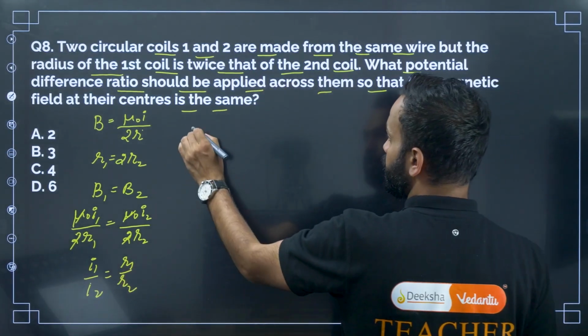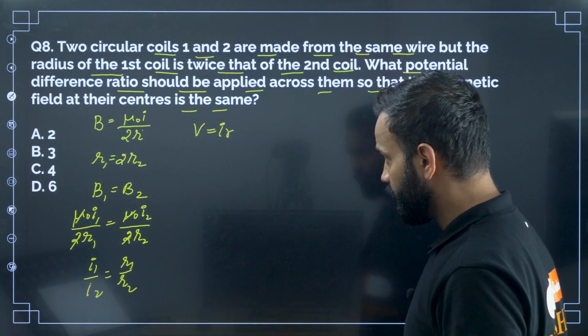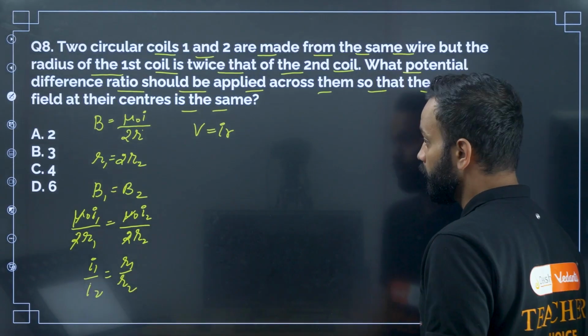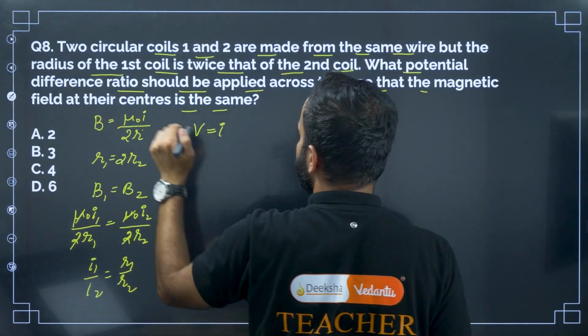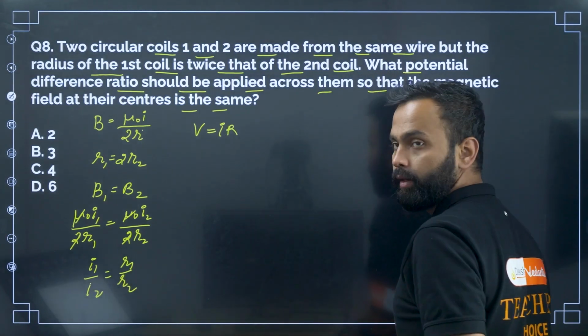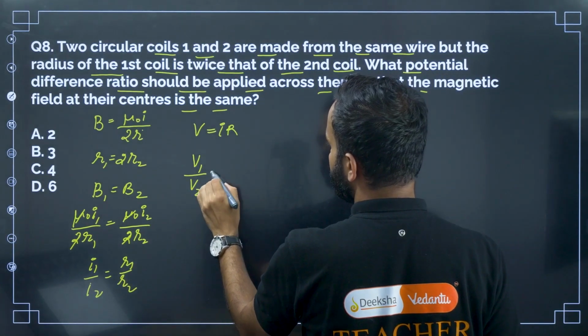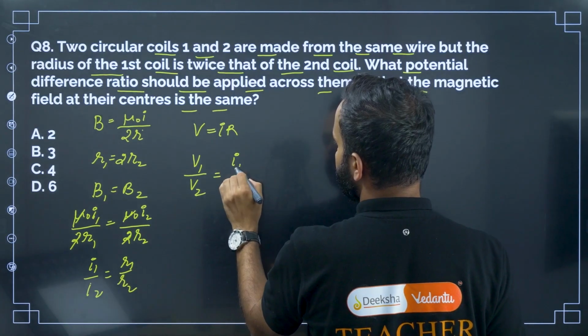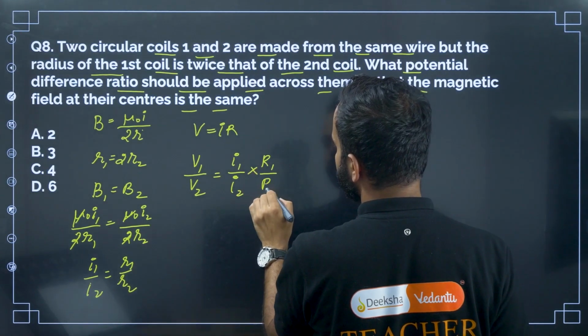So we know Ohm's law: V equal to I into R, with R the resistance. So now V1 divided by V2 is equal to I1 divided by I2 into R1 by R2.